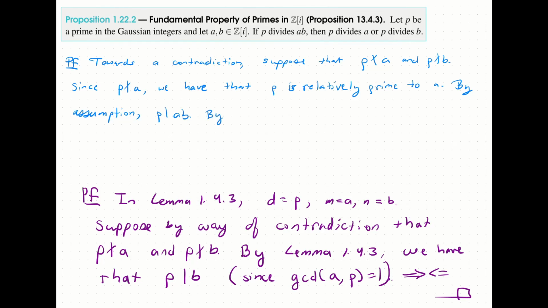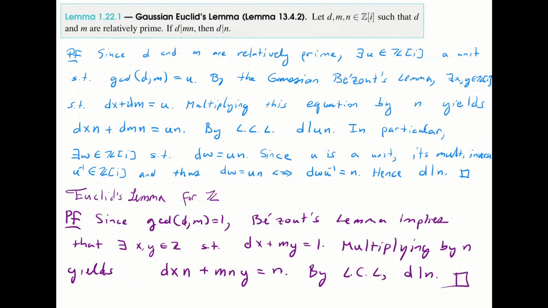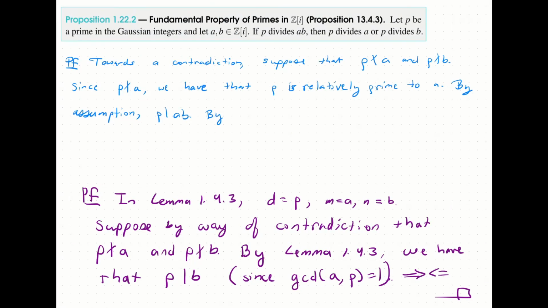And now we apply Lemma 1.2.1, because in this case we have p and a, where a is taking the role of m, p and a are relatively prime, and we know that p, which is now taking the role of d, divides a times b, so p divides b, which is our desired contradiction.